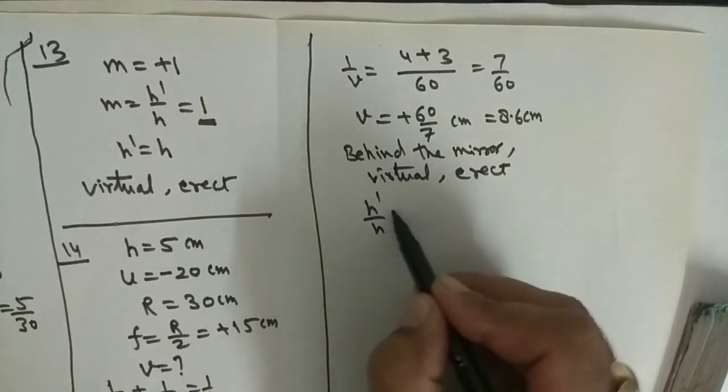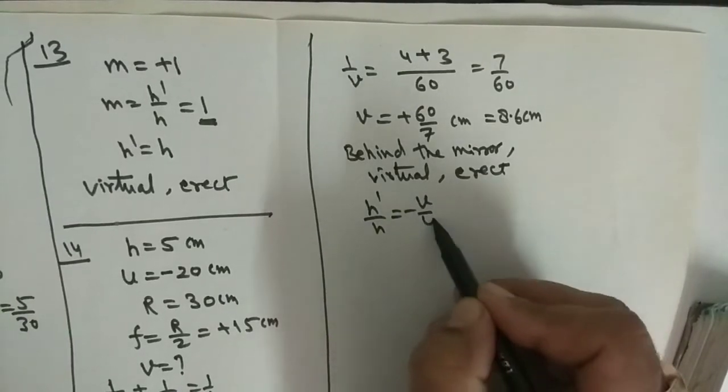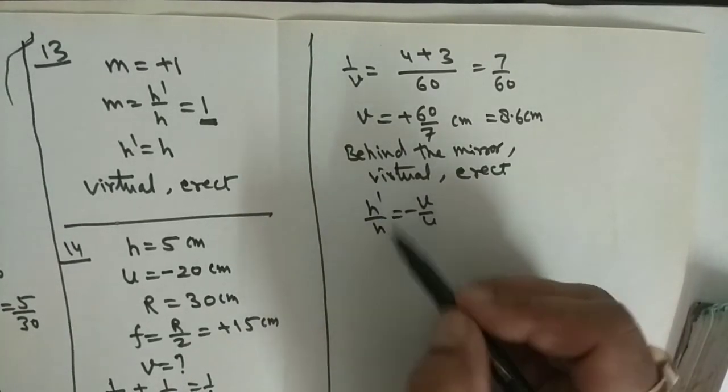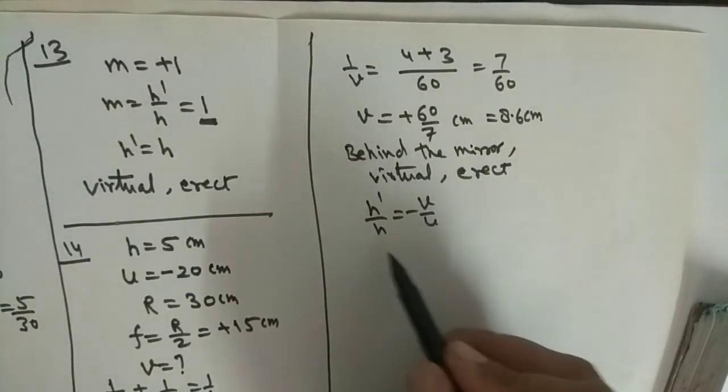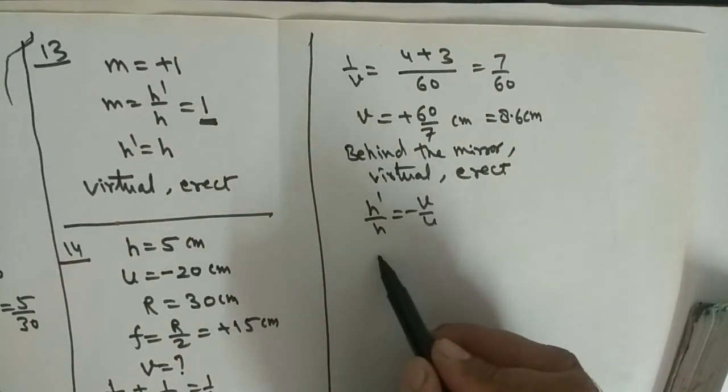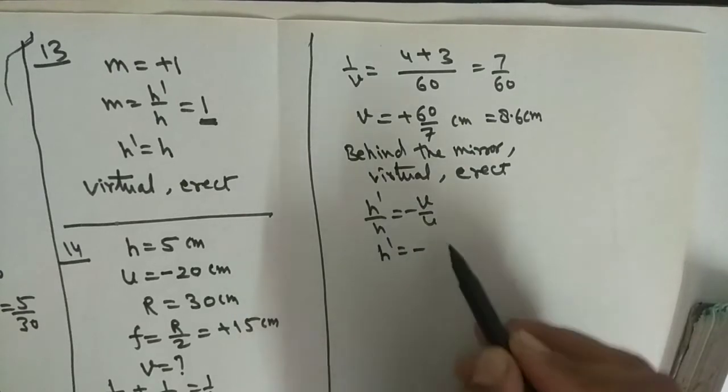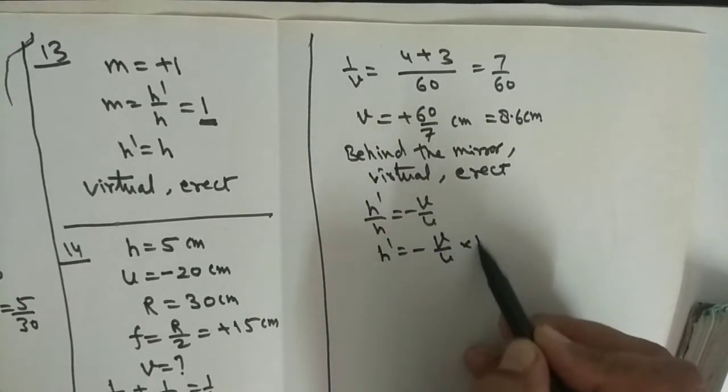h dash upon h is equal to minus v upon u. h dash is the height of the image, h is the height of the object. Okay, so now put the values to find the h dash. So h dash is equal to minus v upon u into h.